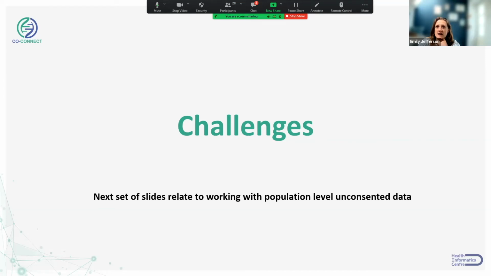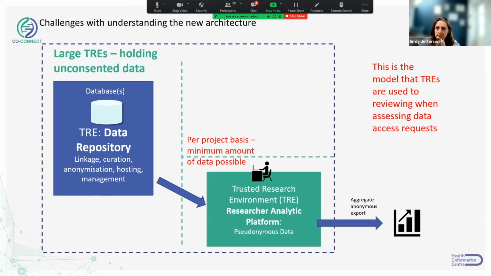So the next set of slides relate to working with the population level unconsented data. This is the current architecture, or the architecture that was set up before CoConnect. The idea is that you've got a large trusted research environment.